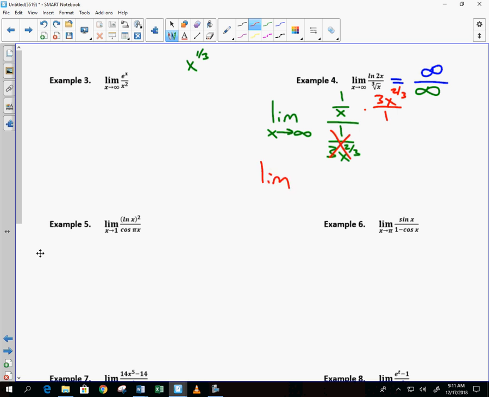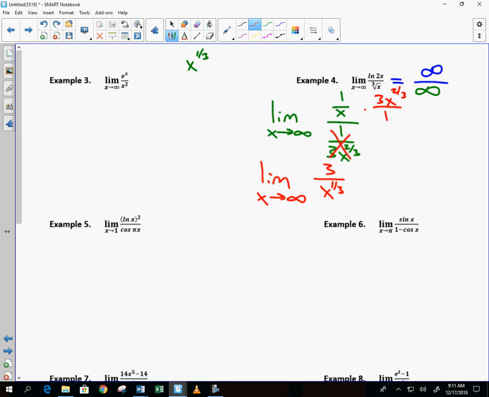And I get the limit as x goes to infinity of... and what is x to the 2/3 over x? Three over x to the 1/3.